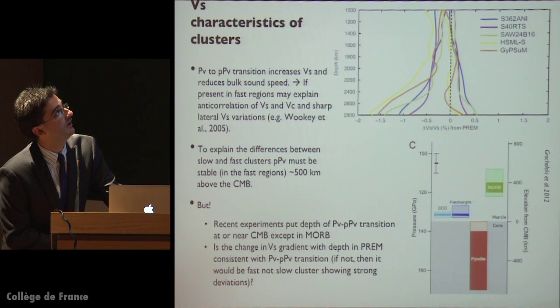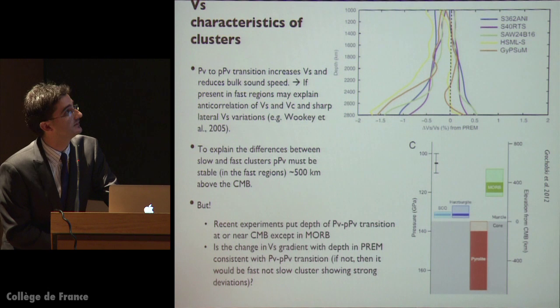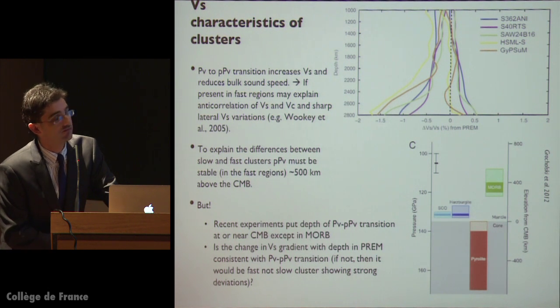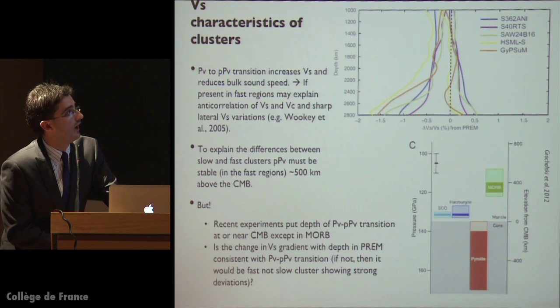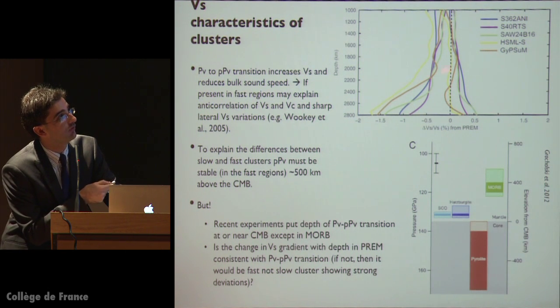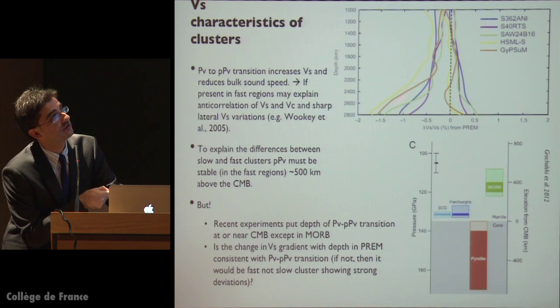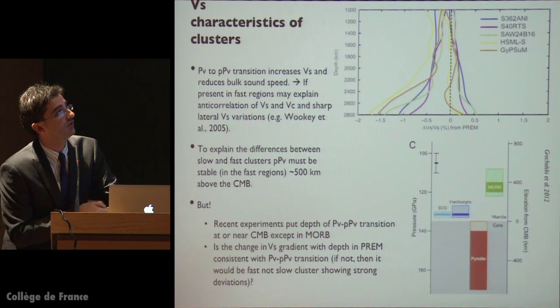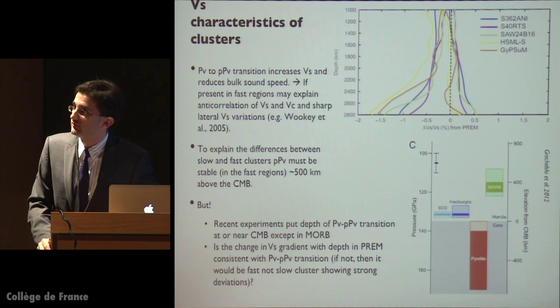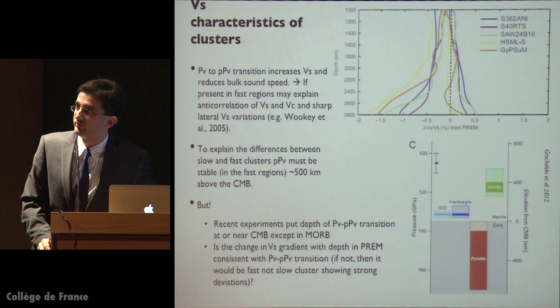So if you have post-perovskite present in the fast regions, then this might explain the anti-correlation of the shear wave speed and bulk sound speed, as well as the sharp lateral variation. But if you look back at the average profiles of velocity, you see that the differences between the slow and the fast clusters start at about 600 kilometers up from the CMB. So at the very least, you need the post-perovskite to be present about 500 kilometers up from the core mantle boundary.